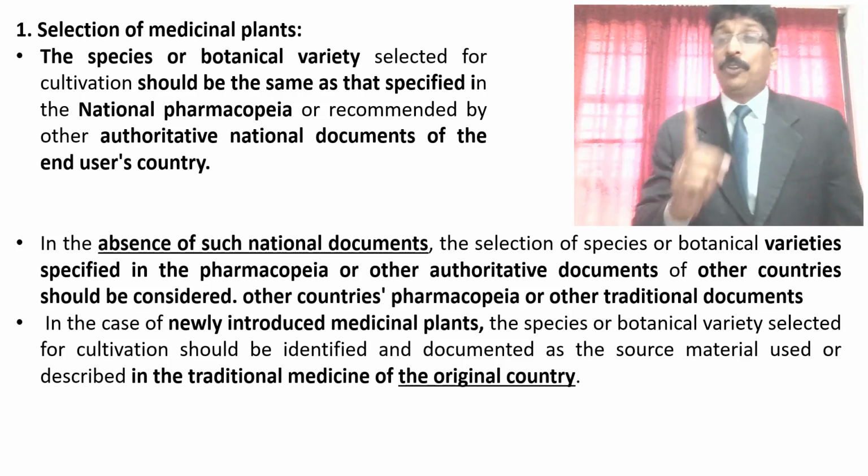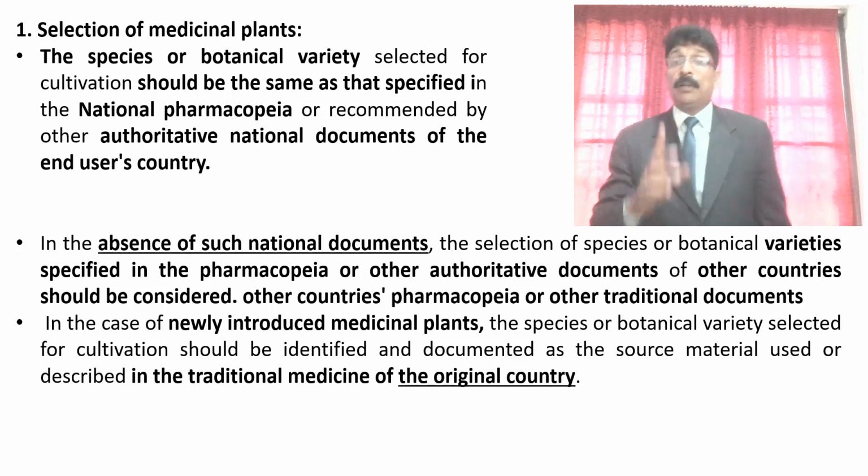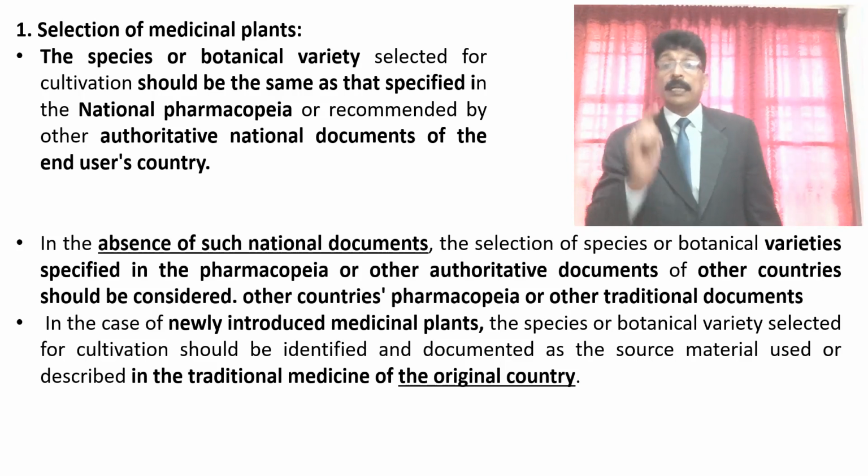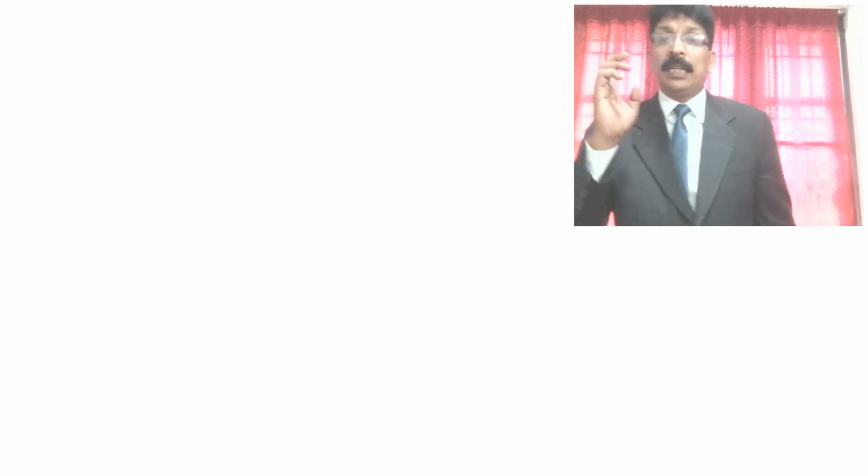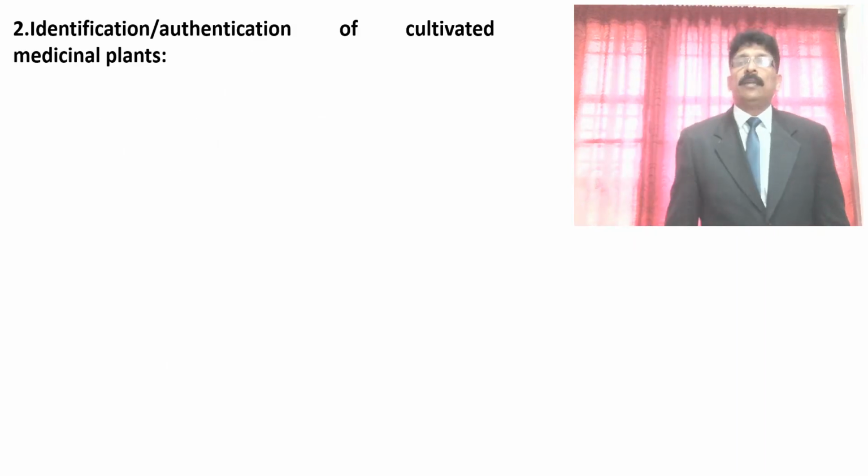The locality and the originality of the particular country should be mentioned. Documentation should be made if it is a new plant which you have selected for cultivation. So that is the first point.